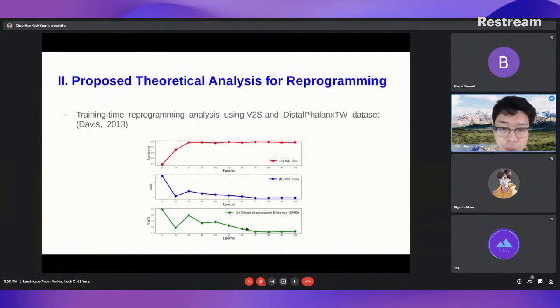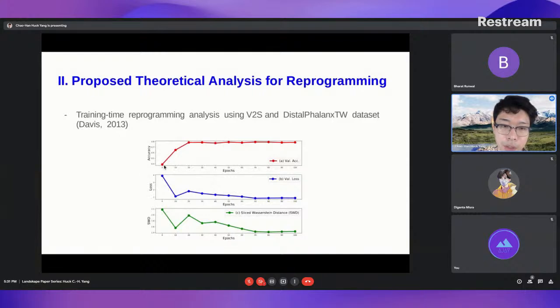And finally, we want to see whether our statistical approach is correct or not. So we use this training-time reprogramming analysis with the V2S and the data set to analyze if the distance actually becomes closer. Here we demonstrate one of the data sets. The x axis is the epochs, and the y axis is the validation accuracy, the test accuracy.